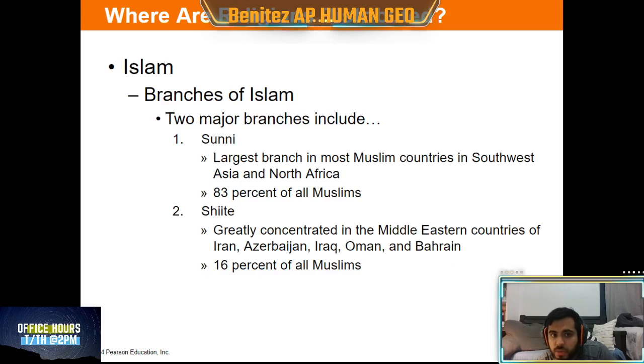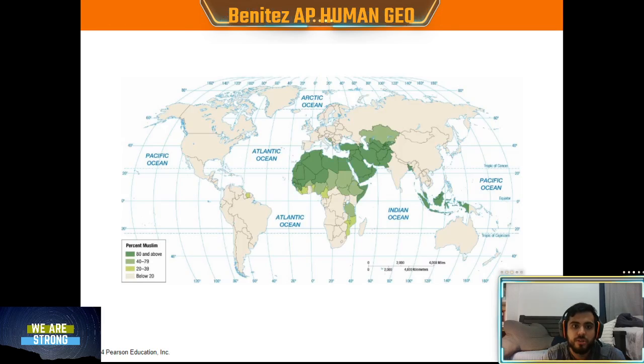Let's look at the next universal religion, which is Islam. The two main branches are Sunni and Shiite. If you practice Islam, you're either in the Sunni branch or the Shiite branch. Take a look at this picture. This picture tells you where many of the Muslims are highly concentrated, which is North Africa, the Middle East, and Indonesia.